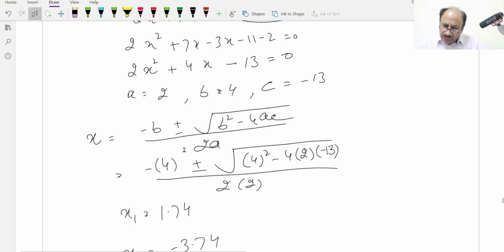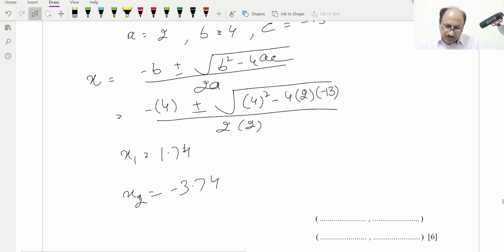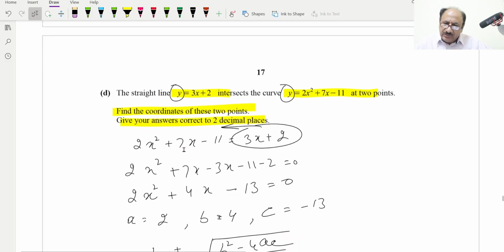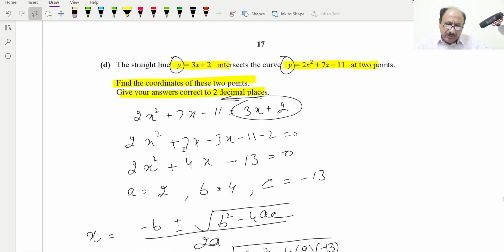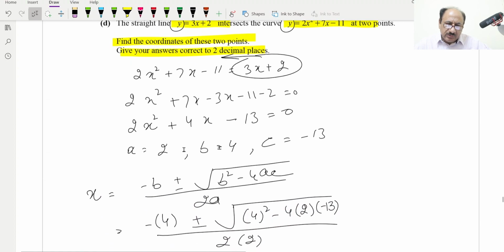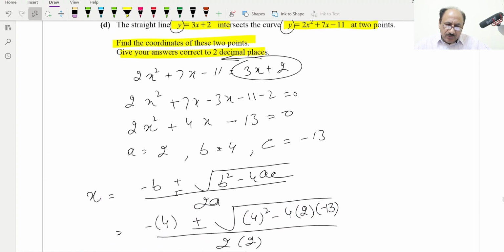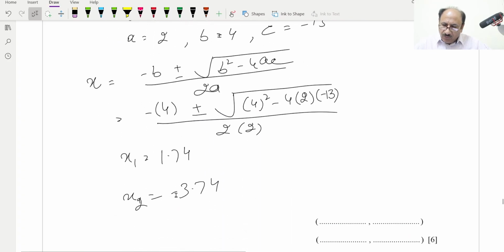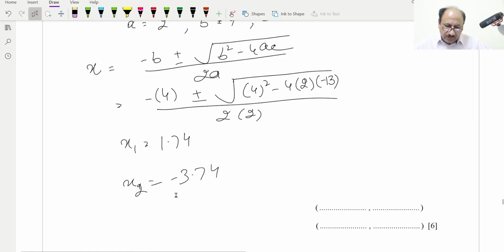Now to find these coordinates, the straight line intersects this at 2 points. Find the coordinates of the 2 points, giving your answer to 2 decimal places. Now we can replace these values to find the value of y.